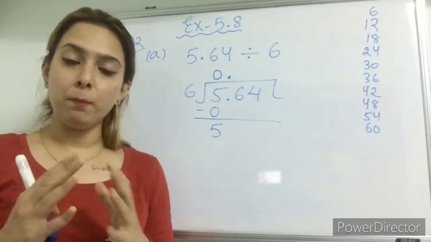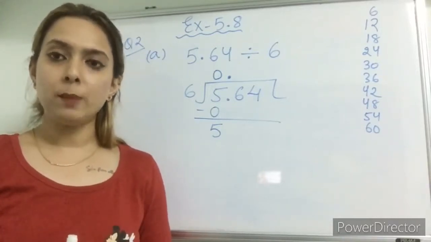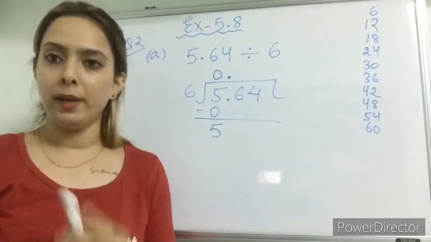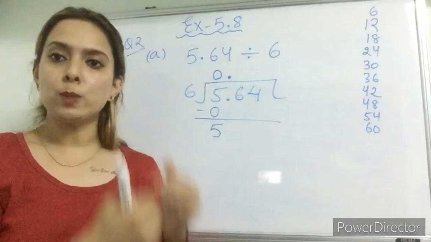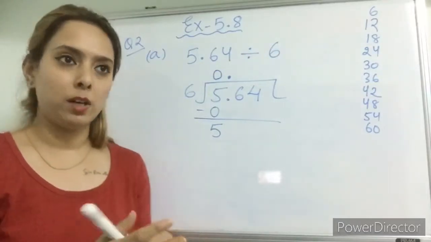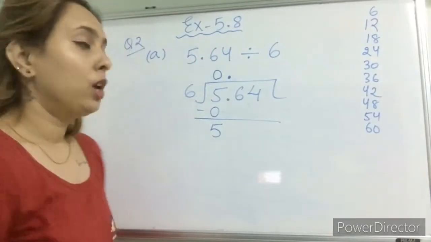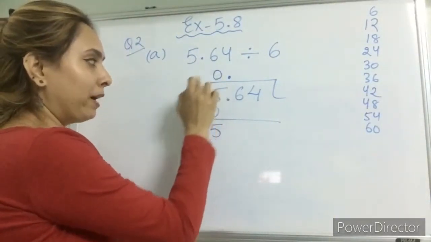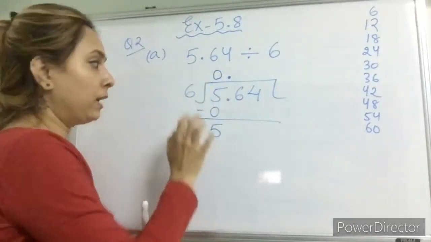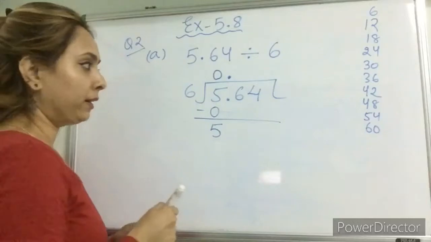Why have I multiplied this 6 with 0? So that I can get both the numbers. 56 can be divided by 6, not exactly, but it is divisible by 6. It will leave some remainder, but 5 is not divisible, so I need to have 6 with it to make a larger number, because dividends are always greater than the divisors. So 6 zeros are 0, 5 as a remainder.